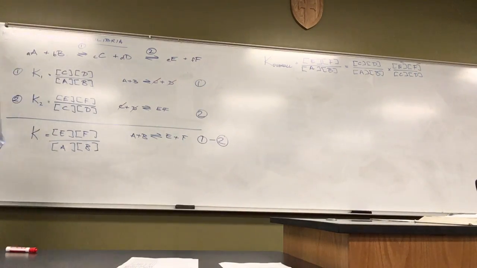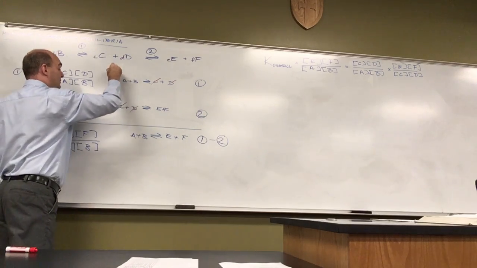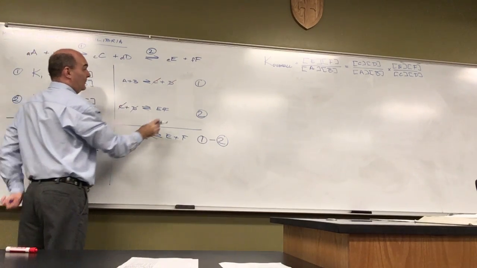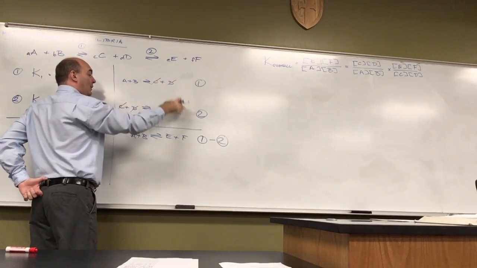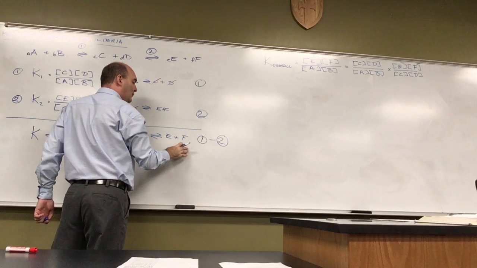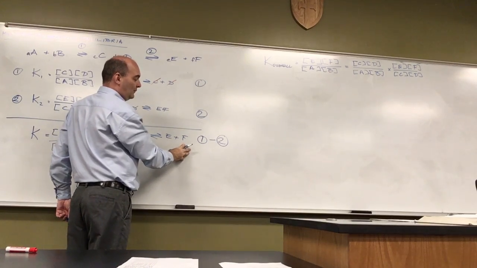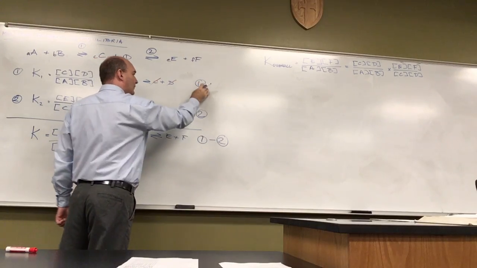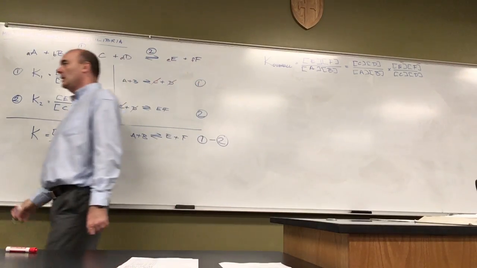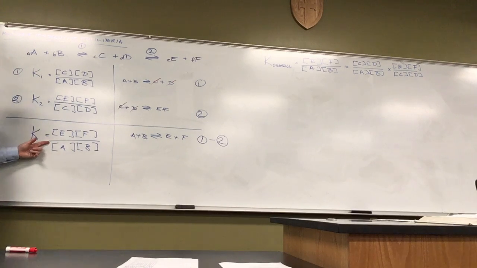So, algebraically, if I want to make line 1 and line 2 give me the overall reaction, I subtract line 2 from line 1, which will lead me to what the overall is.